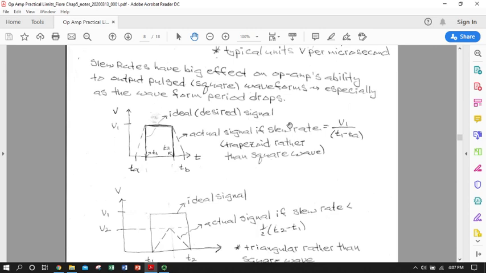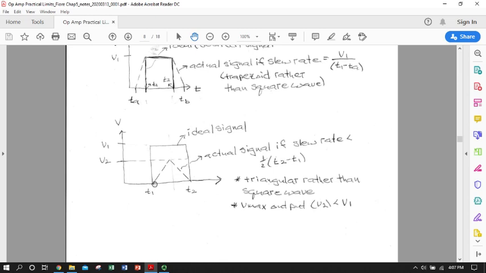So if our op amp couldn't tolerate a voltage time rate of change greater than V1 over T1 minus TA, you would effectively get a trapezoidal waveform instead of a square waveform on your output.